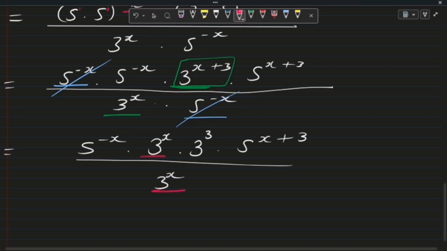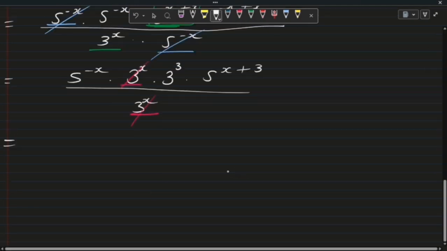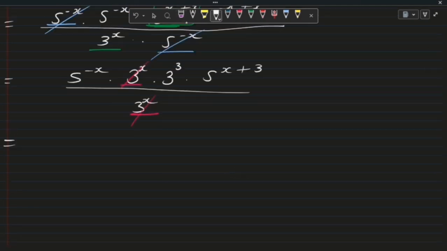This is the same as that, so we can cancel them out. Okay. So if we continue, we'll see that we are left with 5 to the power of negative x times 5 to the power of x plus 3 and multiplied by 3 to the power of 3.